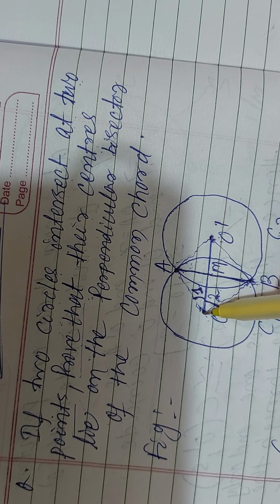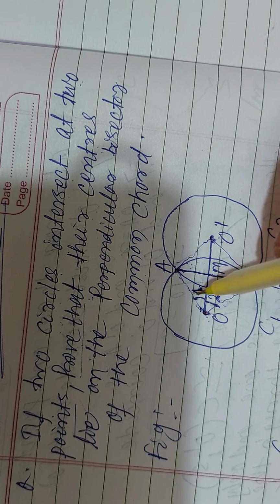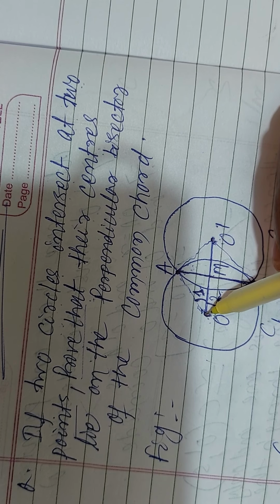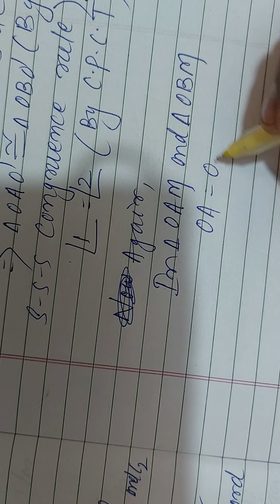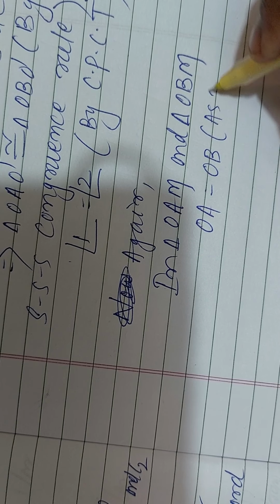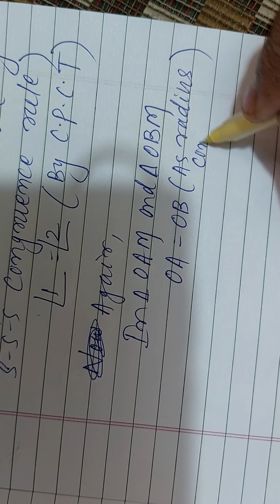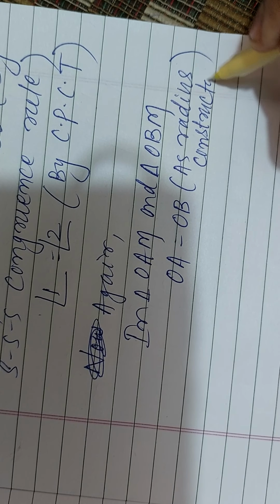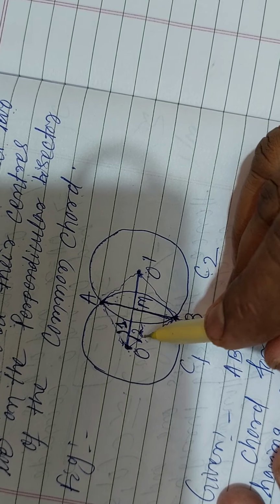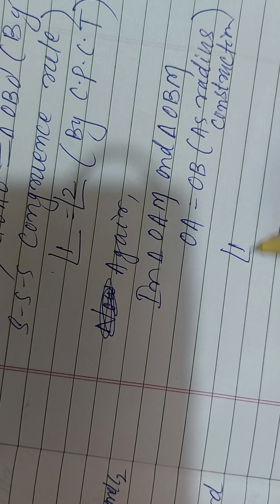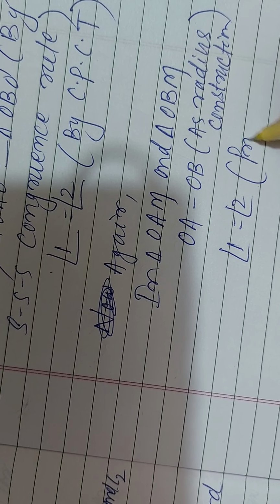What are the given conditions here? OA is equal to OB as radius. Then angle 1 is equal to angle 2, already proved above.